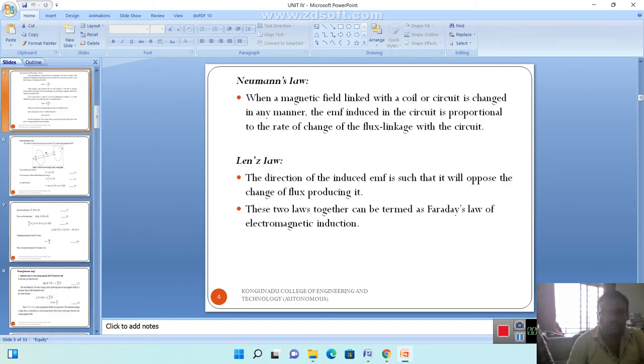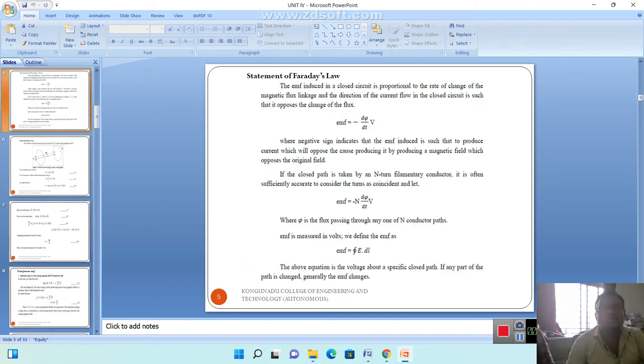Next, we are going to discuss Faraday's law statement, or otherwise Faraday's law theory. The EMF induced in a closed circuit is proportional to the rate of change of the magnetic flux linkage, and the direction of the current flow in the closed circuit is such that it opposes the change of the flux.